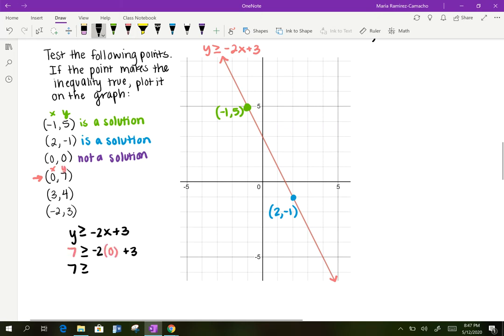Let's simplify. Is 7 greater than or equal to 3? It is, and so this is a solution. So we're going to plot that point, 0, 7. That's right here.